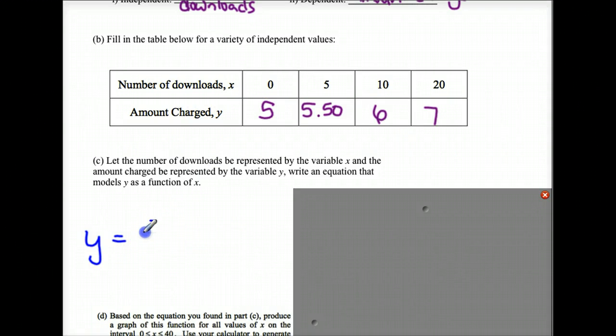So it's going to be $5 no matter what, plus my downloads at 10 cents each. 10 cents is 0.10 and this is going to be x. So however many downloads I put in x, I will get an output y.